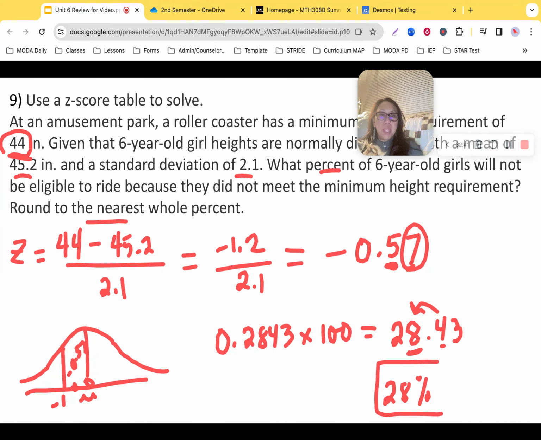That would be your percentage of girls that would not meet the minimum height requirement for the roller coaster ride. So there's going to be 28% of the 6-year-old girls. All right, so there you have it for number 9.